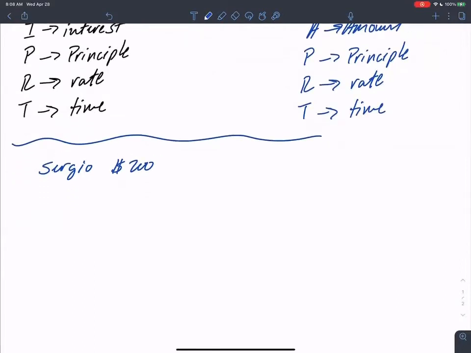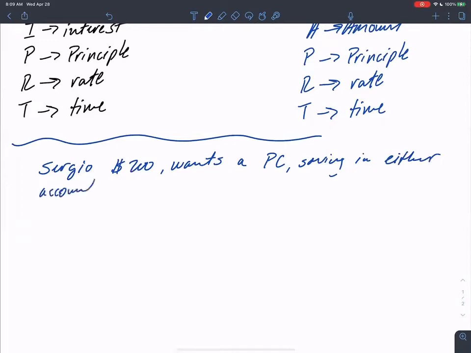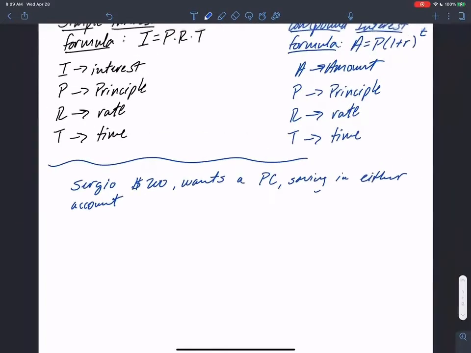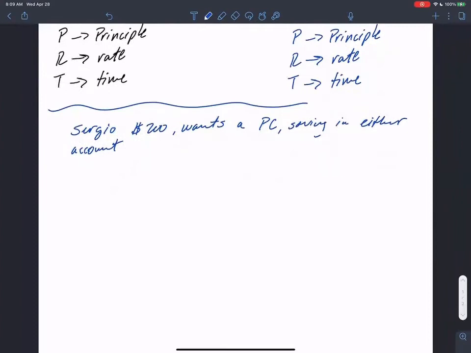He could invest his money into either a simple interest account, or a compound interest account. He wants a PC, saving in either account. Okay. So we're going to have two options basically.